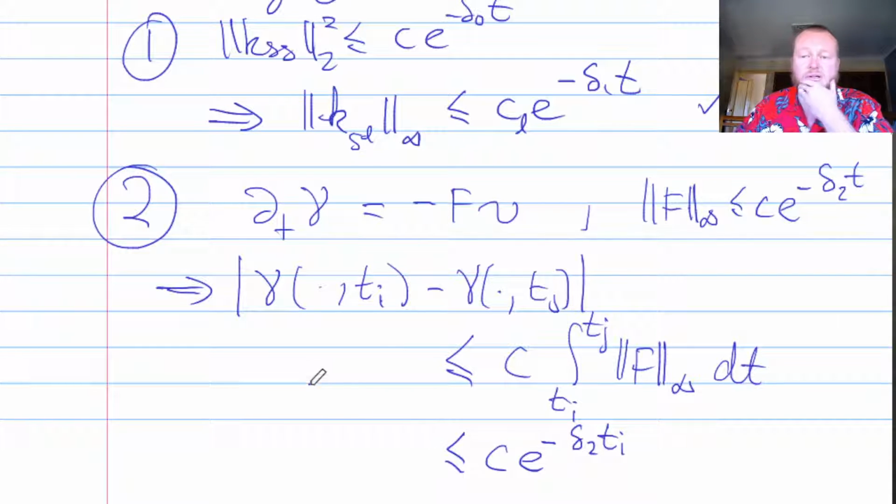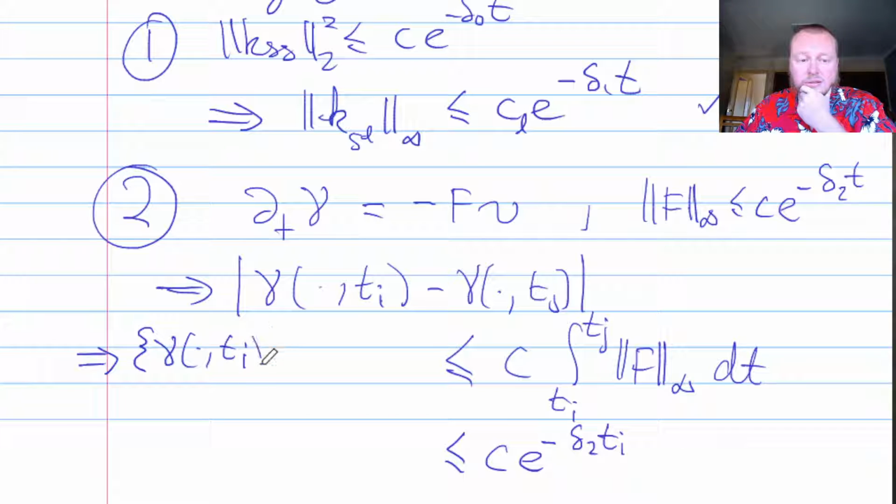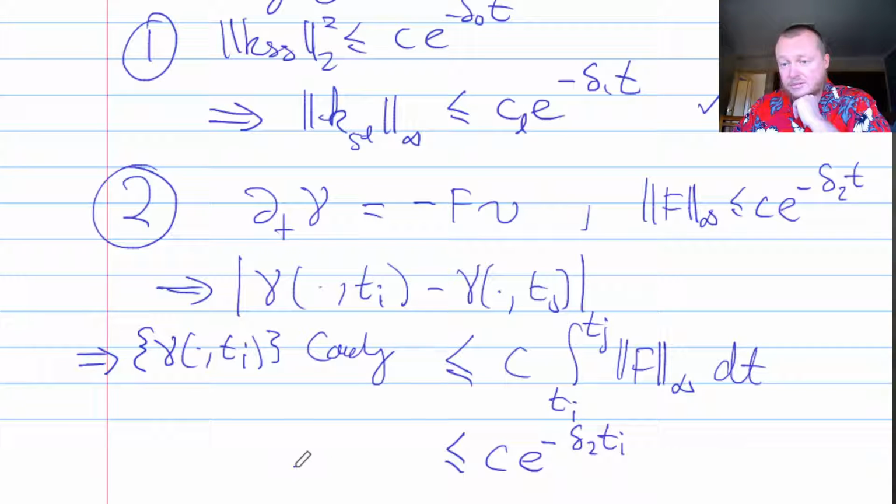And so what this means is that for any subsequence, gamma Ti is Cauchy. It's a Cauchy sequence, and from a course in mathematical analysis, hopefully you've got one of those under your belt. If you don't, that's okay, but just believe me.